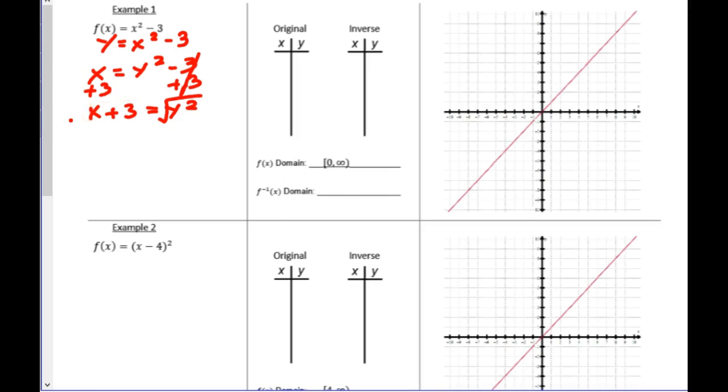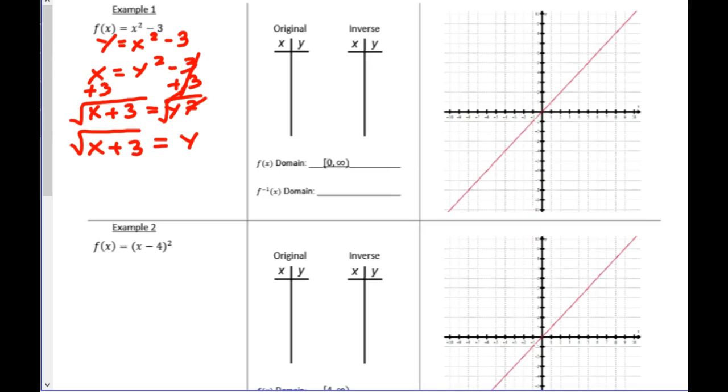All the way over the x plus 3. I'm showing you how to get rid of the square right now. To get rid of the square, you have to do square root. So the square and the square root go away, and now I have square root of x plus 3 equals y.